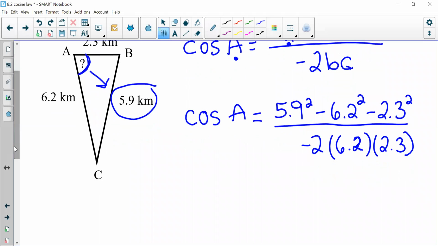If you have a fraction button on your calculator like mine, use it. It will make it easier to see what's going on in the top and what's going on in the bottom. If you don't have that fraction button, you may have to simplify the top and the bottom separately before you divide. I'm going to do it in two steps: simplify the top, then the bottom, and then divide.